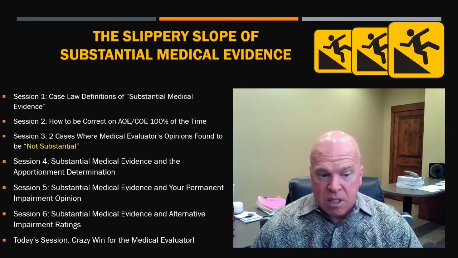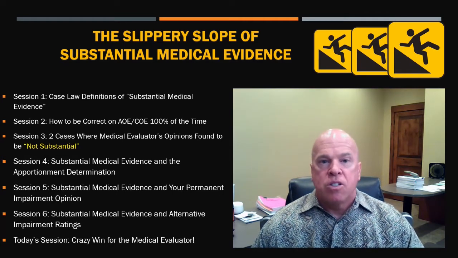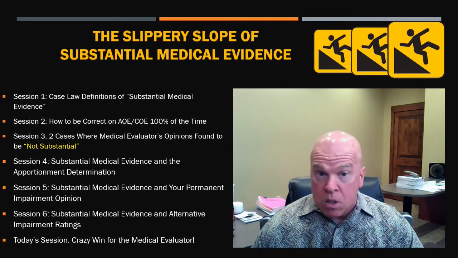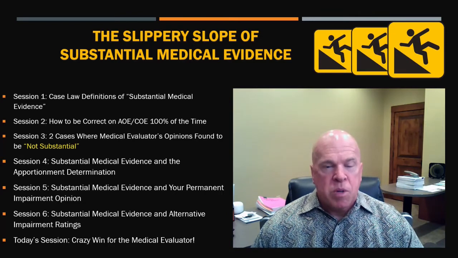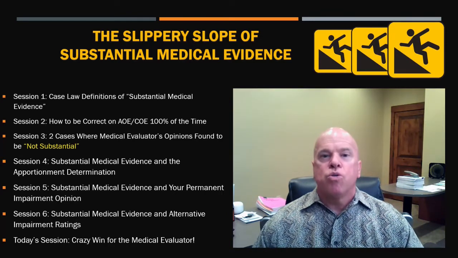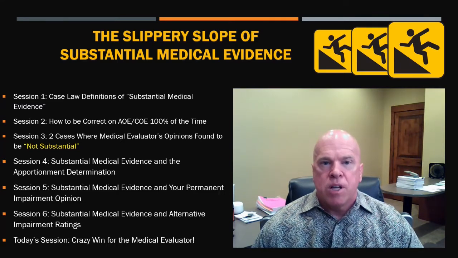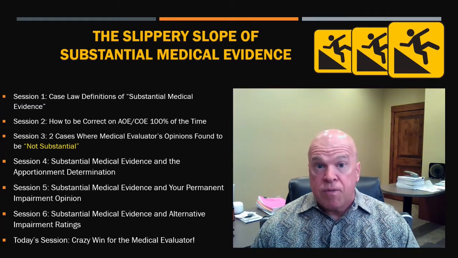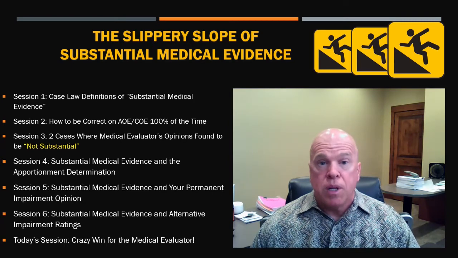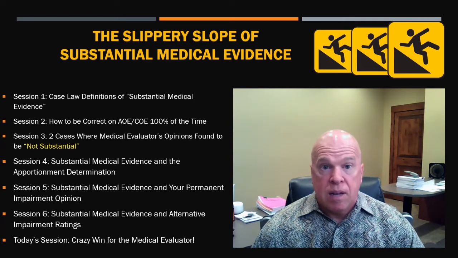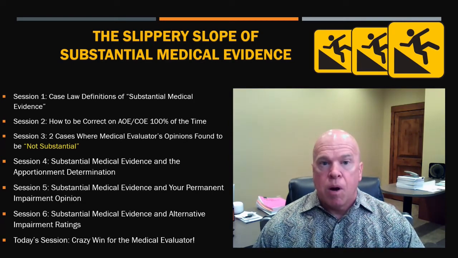Then in session number 6, our last session, we went into even more detail about a specific system that you can use when you want to provide for an alternative impairment rating under Almaraz and Guzman, which has the effect of doubling, tripling, quadrupling, and quintupling, and even beyond the impairment rating.